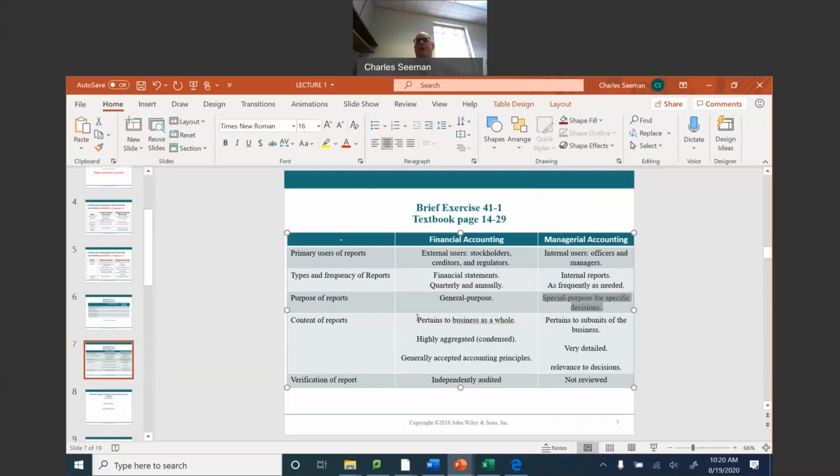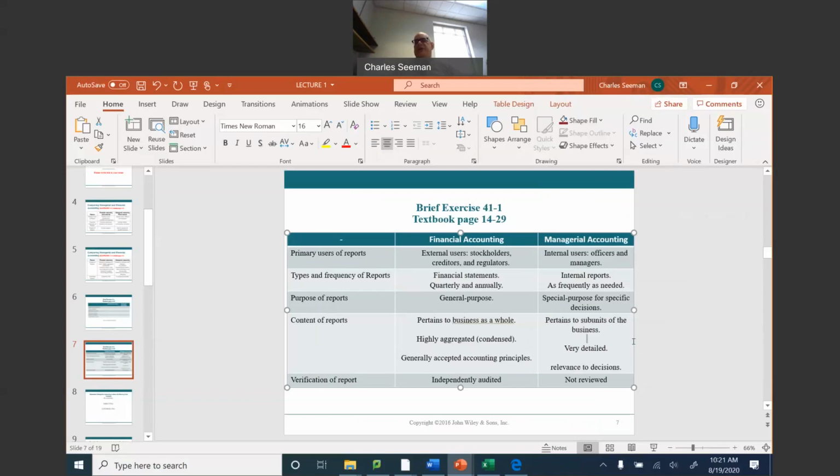The contents of the report pertain to the business as a whole, highly condensed, and generally accepted accounting principles are used. Managerial accountants prepare reports that are pertinent to a specific unit or subunit.